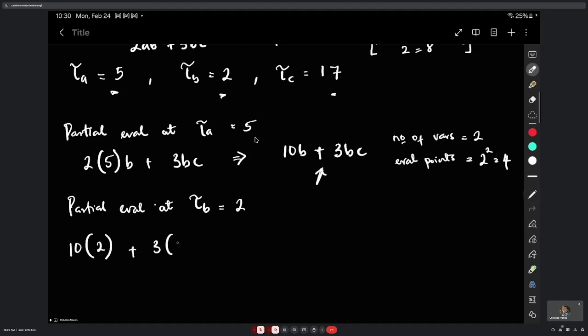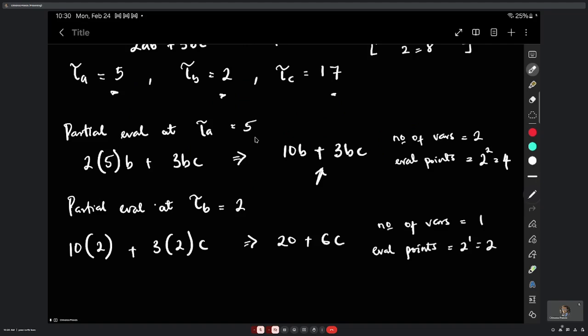plus 3 times 2C, which gives us 20 plus 6C. How many variables does it have? 1, and how many evaluation points? 2.